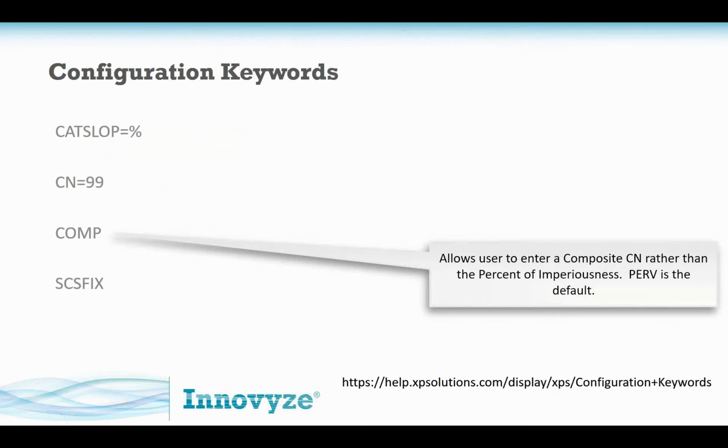Okay, we're just going to put in the pervious curve number, we're going to put that composite number. But by doing that, we need to tell the application just to use that number with this keyword.